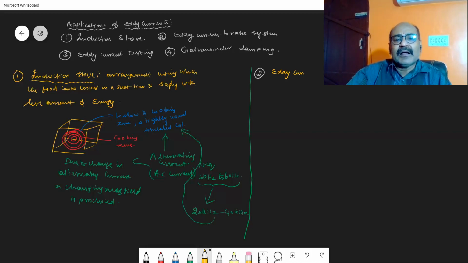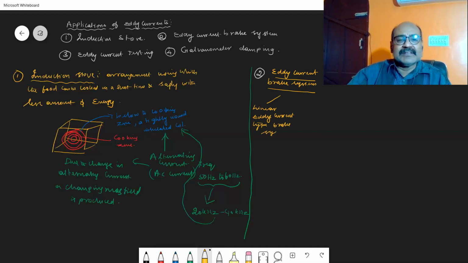So when you are considering this eddy current brake system, we have two types of eddy current brake system. One is the linear type, the linear eddy current type brake system.